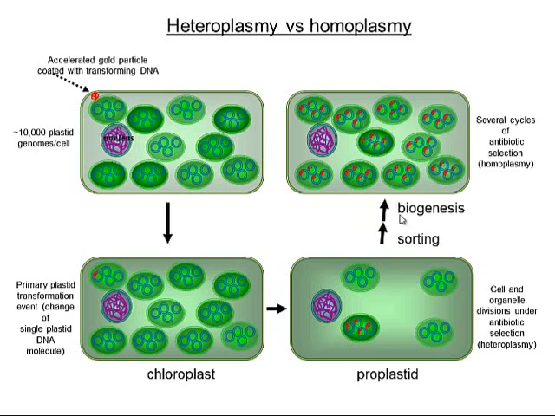So we're selecting one chloroplast out of 4 rather than 1 out of 10. Then you carry on with your selection and you finally end up with the gene stabilized. After several cycles of antibiotic selection, you end up with homoplasmy rather than the heteroplasmy that we have here.